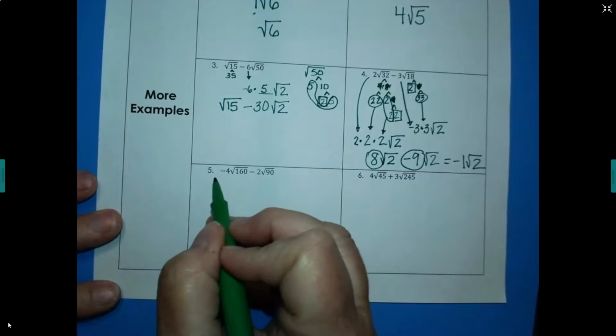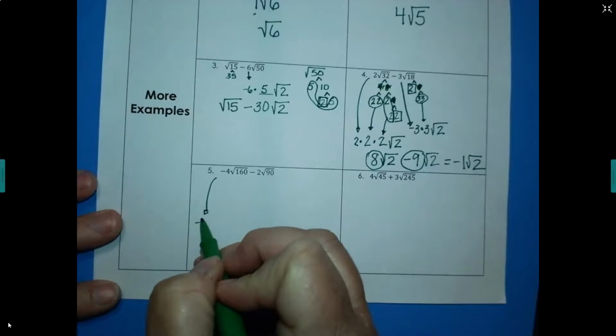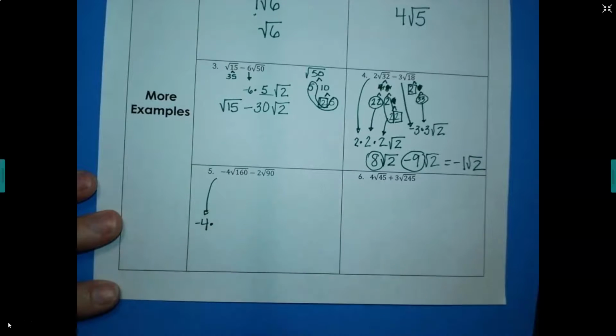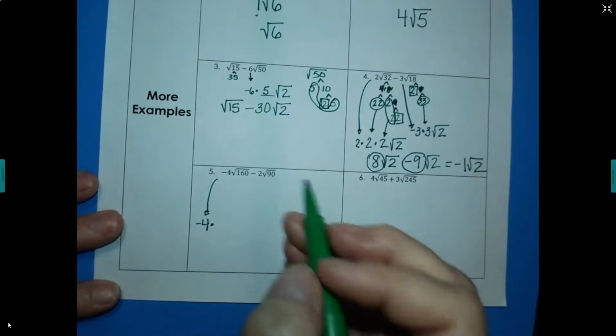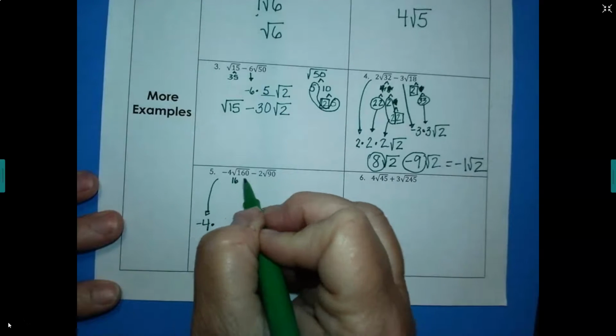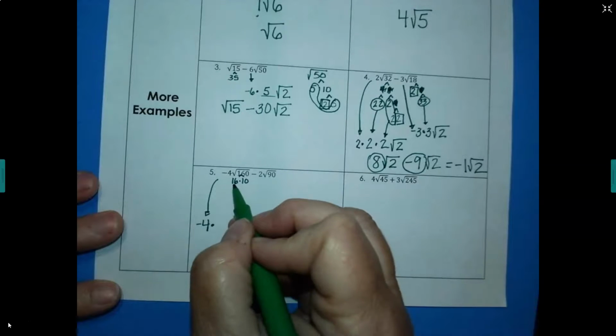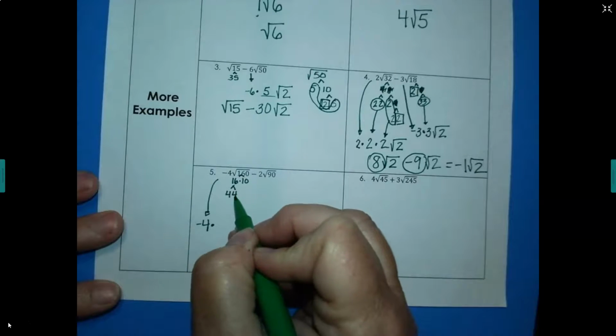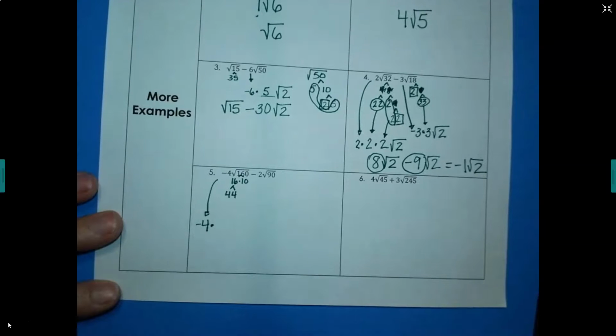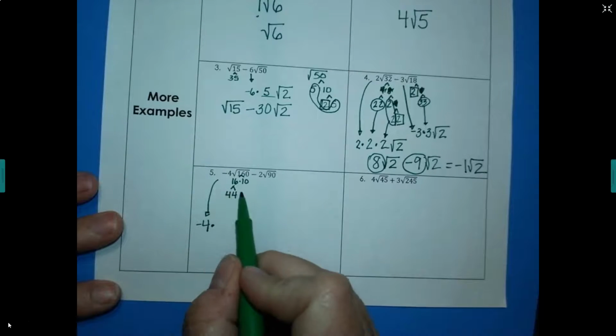All right, I have a coefficient. I'm going to bring him down before I start because I know I don't want to lose him. He's going to multiply to anything that comes out. So 160, right off the top of my head, I see 16 times 10. 16 breaks down to 4 times 4. Once you've got a pair, you don't have to keep going down to the prime numbers. We can stop right here with that pair.